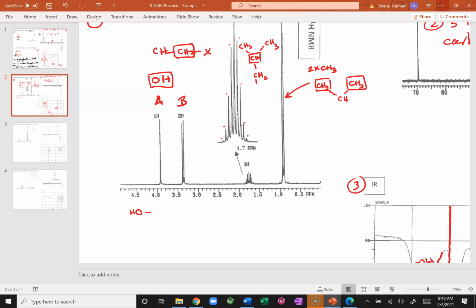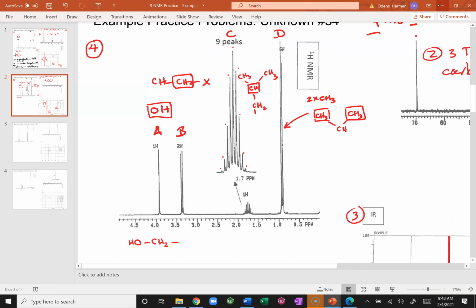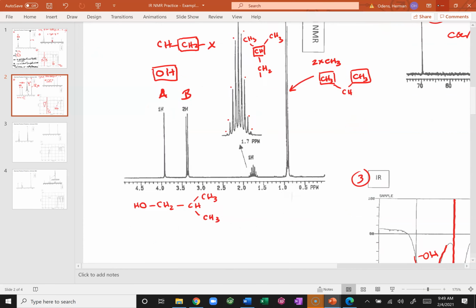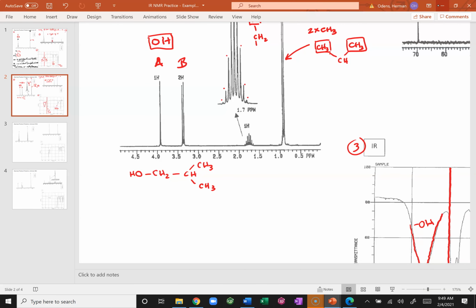OH is now attached to a CH2. So that will be signal B, and then that's attached to a CH that is attached to 2 CH3s, right? And we solve for that.